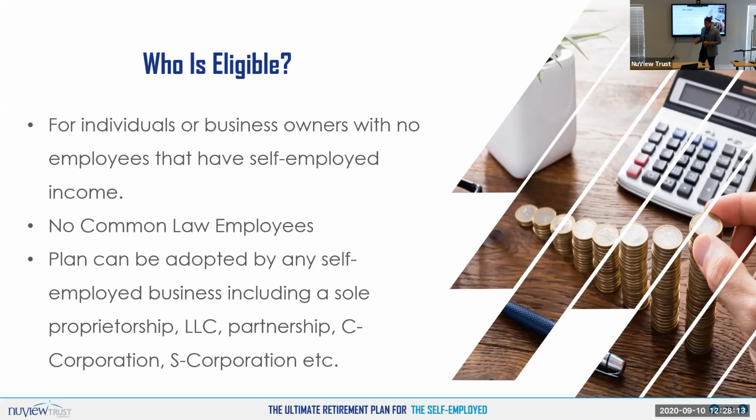You cannot have common law employees in this plan. It doesn't mean you can't go out and open a 401k plan with common law employees. That happens every day. But if you want the 100% hands-off, easiest plan to operate with the most open-ended benefits, you don't want employees. Because once you add employees, you add responsibilities. Because the whole premise is 401k plans are a tool for your employees.